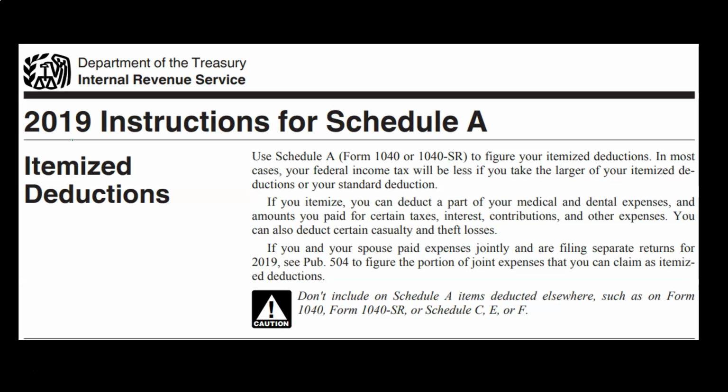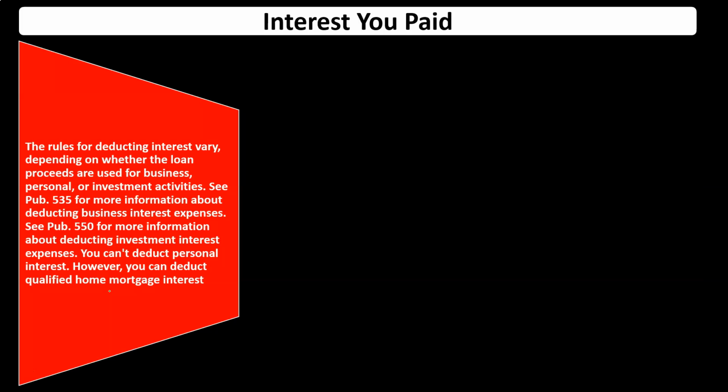But if you have questions going into the tax season, about some area that is in a gray area for you, you want to go to the IRS website and take a look at the instructions first for the 2020 and then start your research there and go forward from there. We might include links to that once they are available, but of course you can find them on the IRS website at irs.gov. So interest you paid.